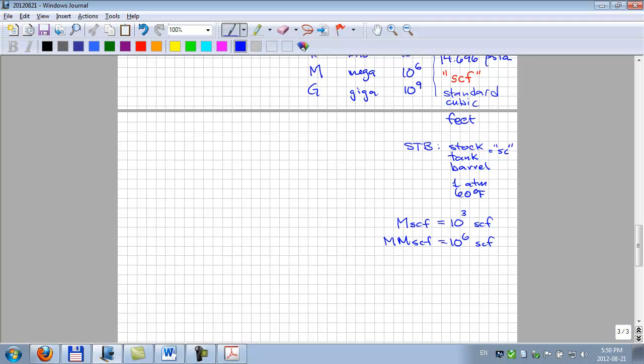The M comes from the old Latin. You know, when you watch movies, at the very end they give you the date that the movie was made in Latin. That's Latin for 1,000, milli. Okay, in Latin.